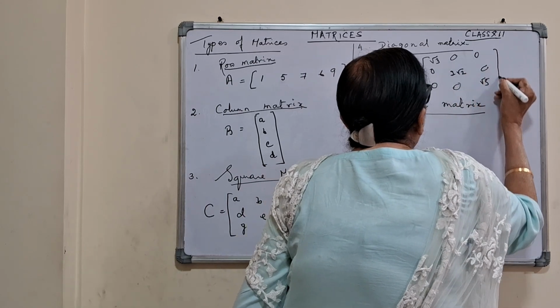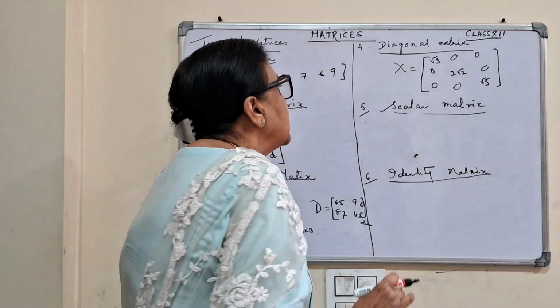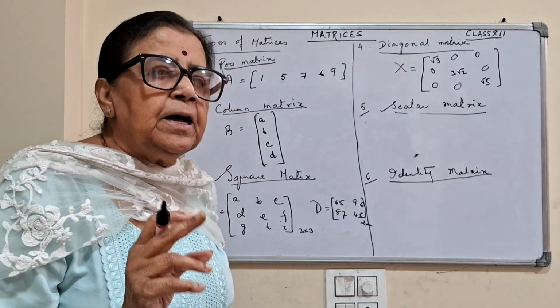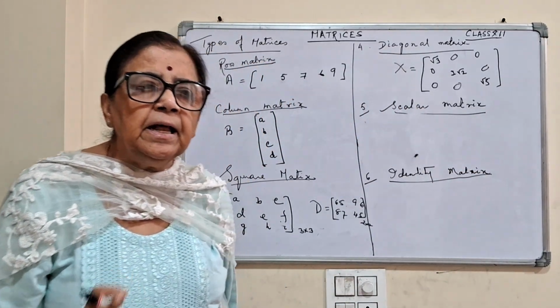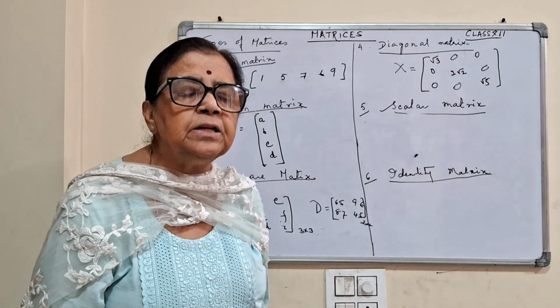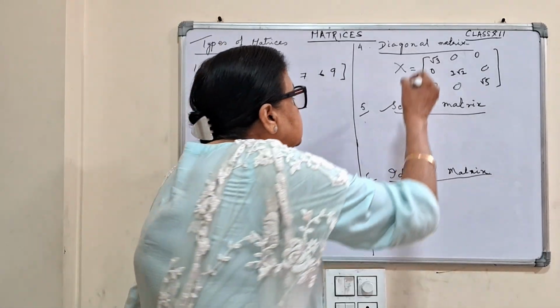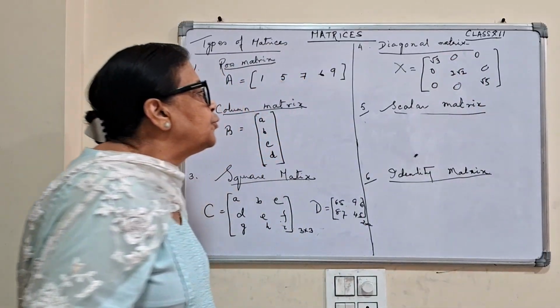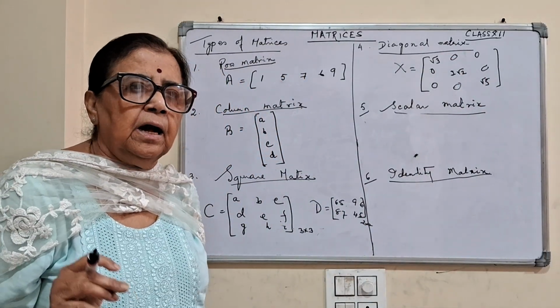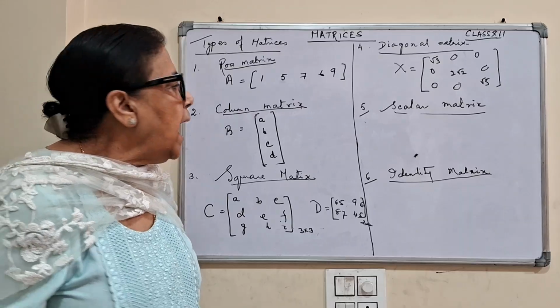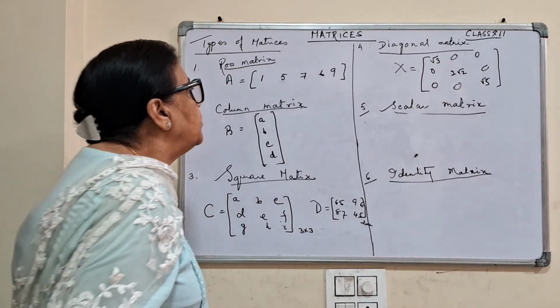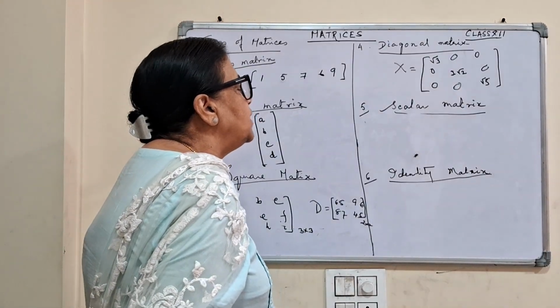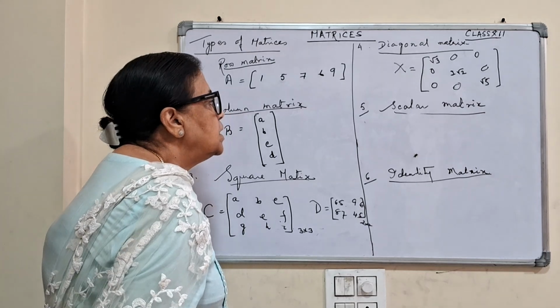This is called a diagonal matrix. A diagonal matrix is a square matrix whose diagonal elements are non-zero, and the rest of the elements are 0.